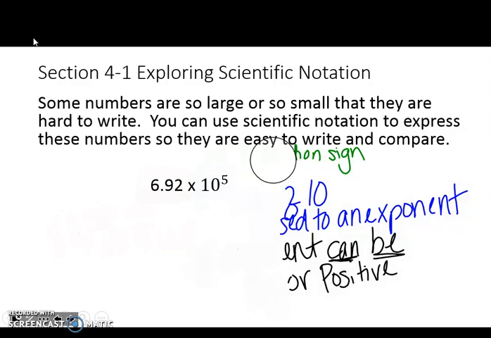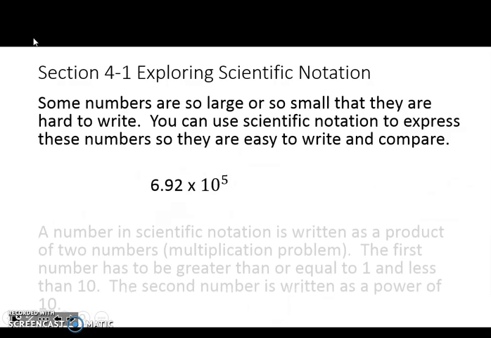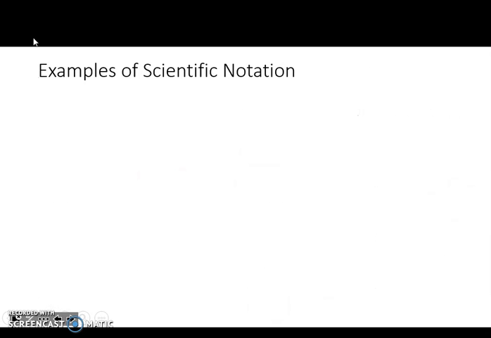So we're going to look at a couple and decide whether or not they are written in scientific notation. I'm going to have you get down a couple more examples of a number written in scientific notation. So 4 times 10 to the 7th power, and 2.35 times 10 to the negative third.